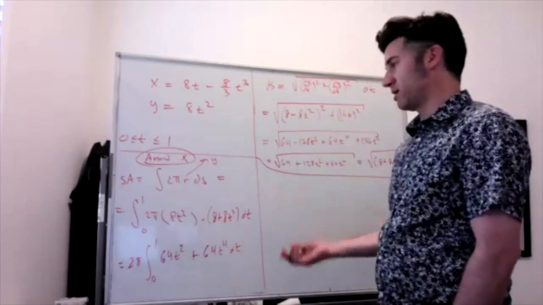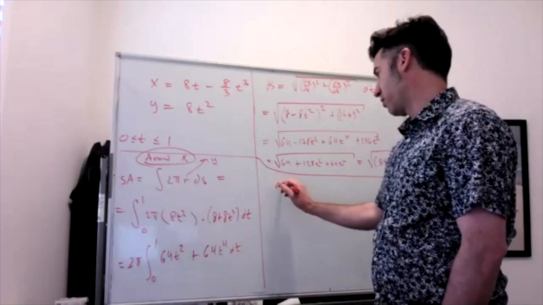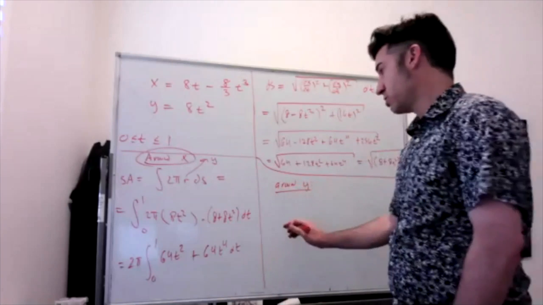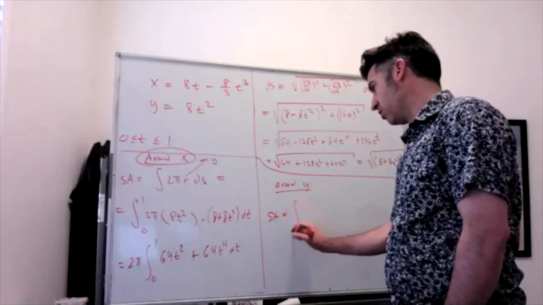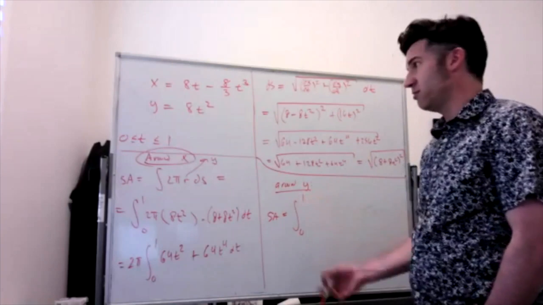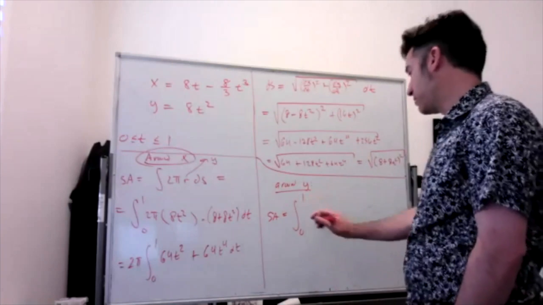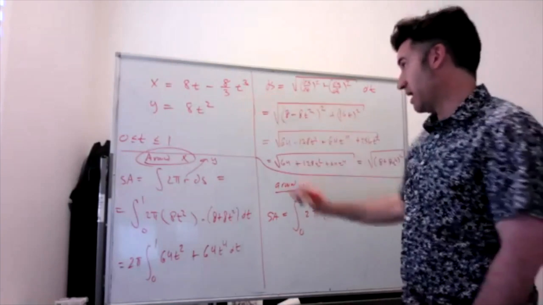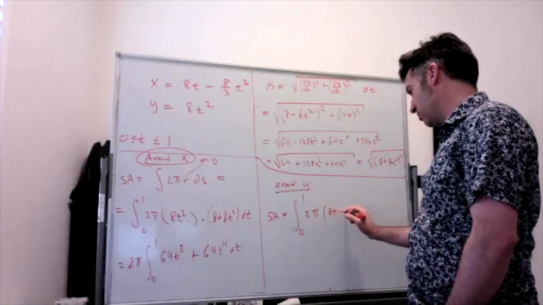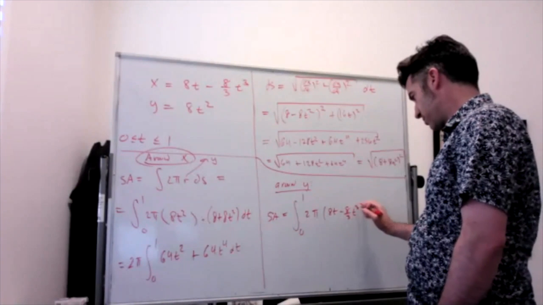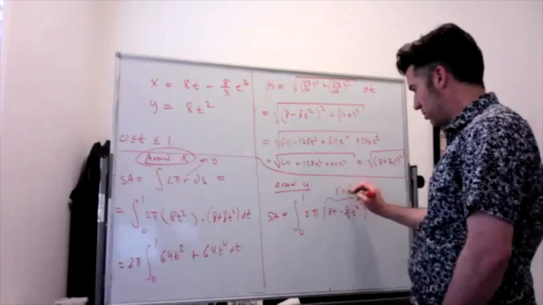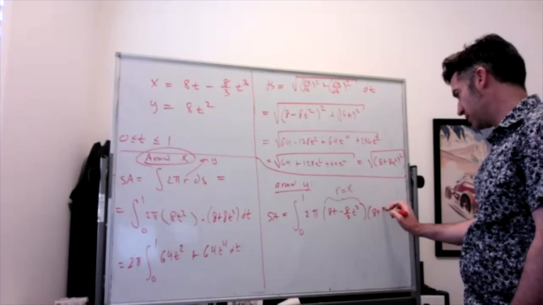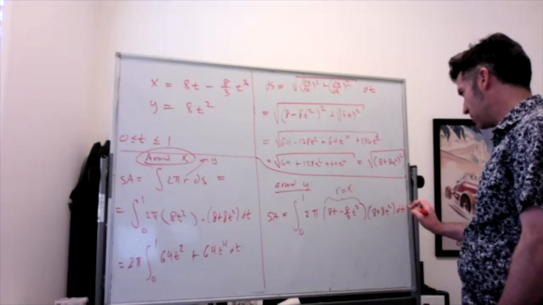If it was around the y-axis, I also think you could all handle it. So if we're going around the y-axis, well, then our radius is x. So the surface area is going to be the integral from, again, 0 to 1, because t is still going from 0 to 1, of 2 pi times our radius, which is now x, which is 8t minus 8/3 t cubed, times this, which is, again, 8 plus 8t squared dt.